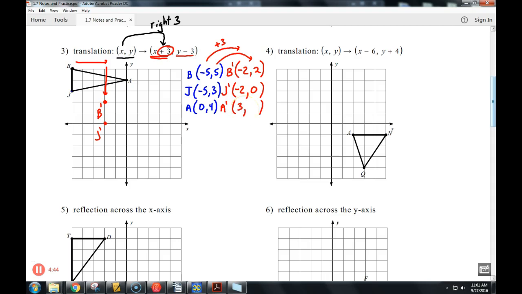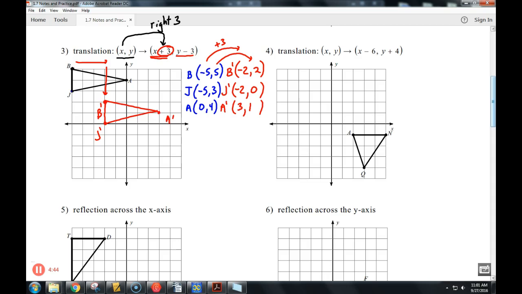And I subtract 3 from 4, which gives me 1. So over 3, up 1. And if everything went right, I should have the exact same shape, just translated, 3 to the right and 3 down. And it looks like that's looking pretty good.